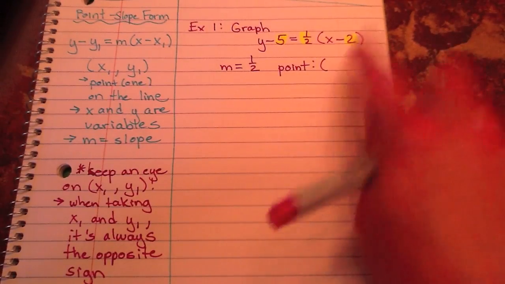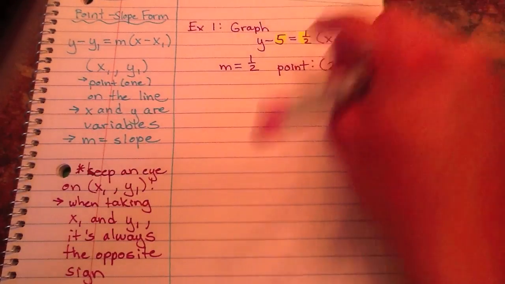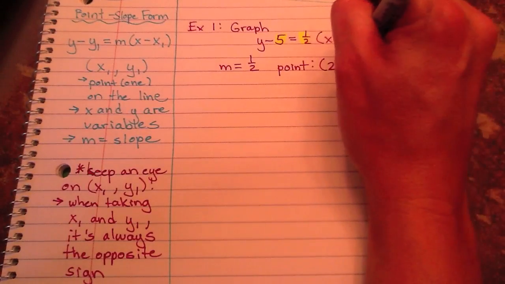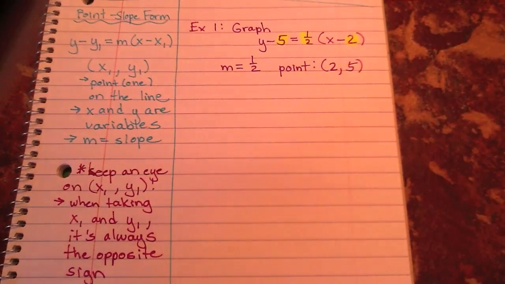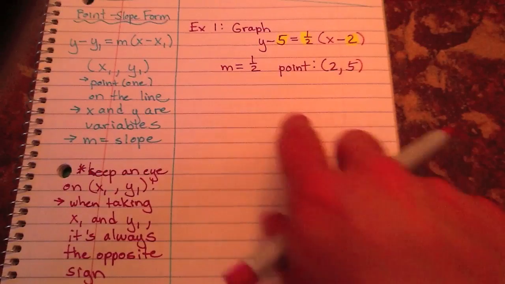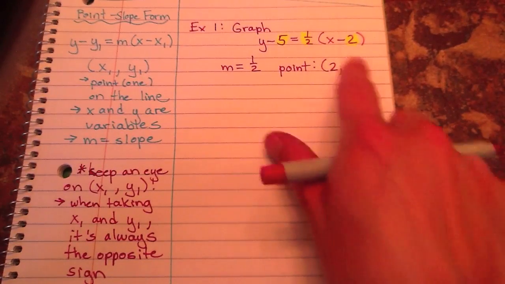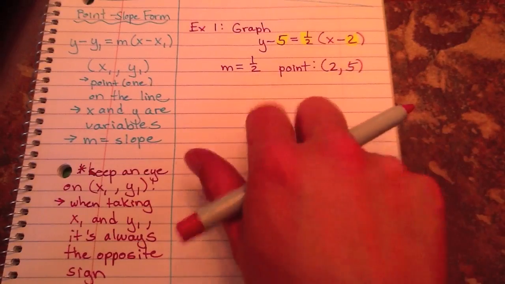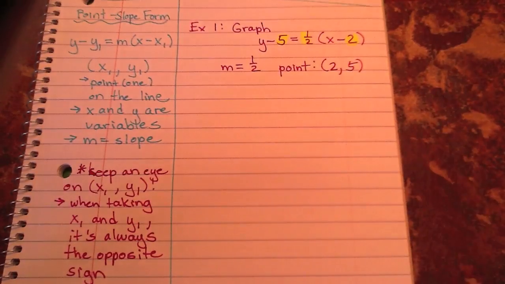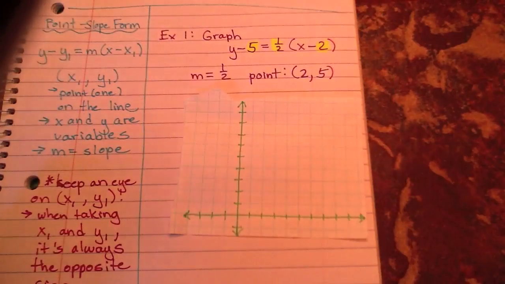So x first, positive 2, y second, positive 5. Now, in slope-intercept form, you plotted your point on your y-intercept, and then you counted out your slope. Instead, you're going to plot your point on the point that you found and then count out your slope from there. So go ahead and draw your coordinate plane and then we'll graph it.